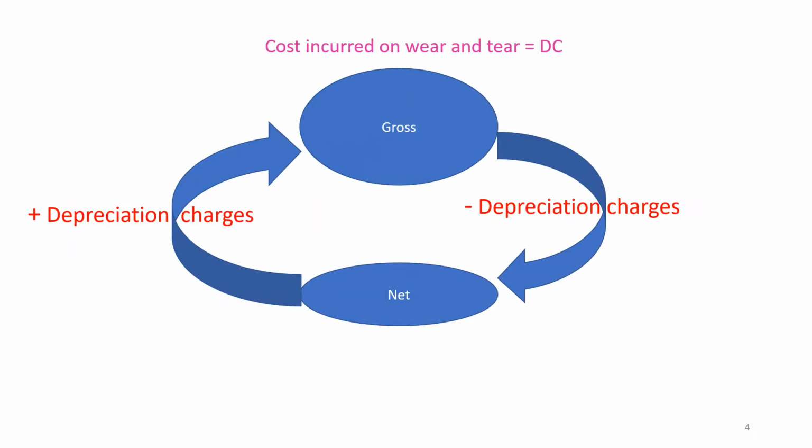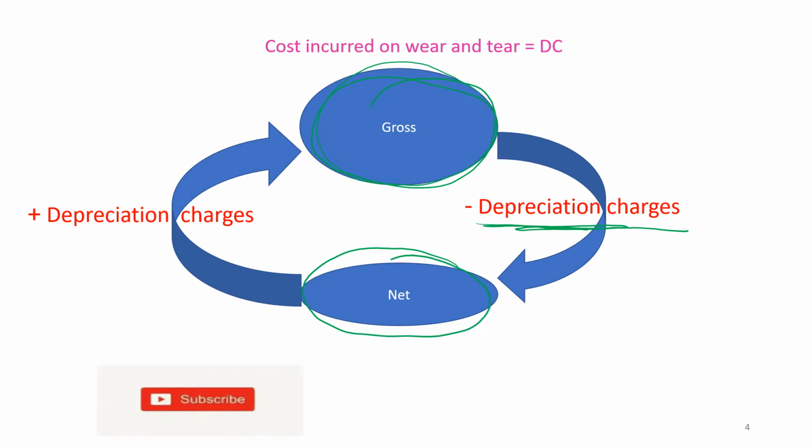Dear students, before we take up macroeconomic identities, let us look in a little detail at gross and net. Here you can see we have gross value. From this gross value, if you deduct the depreciation charges, then you will arrive at net.